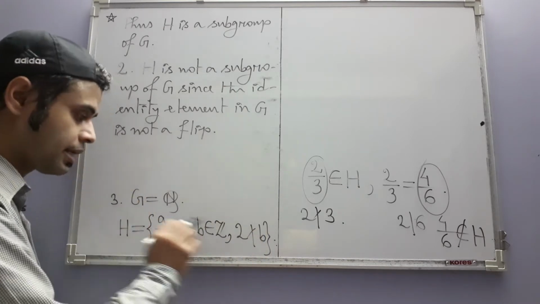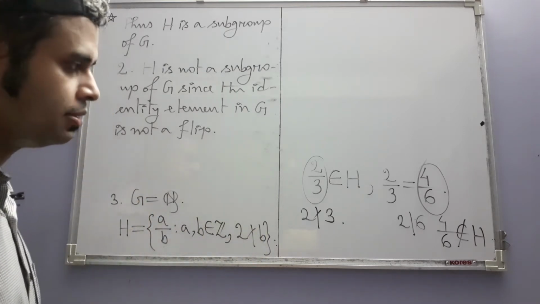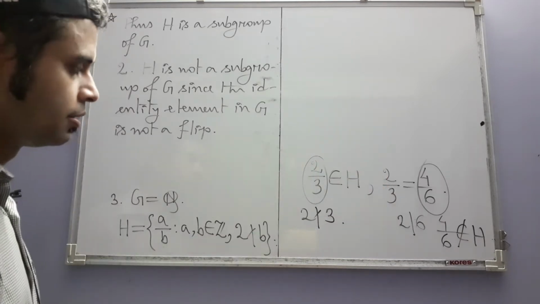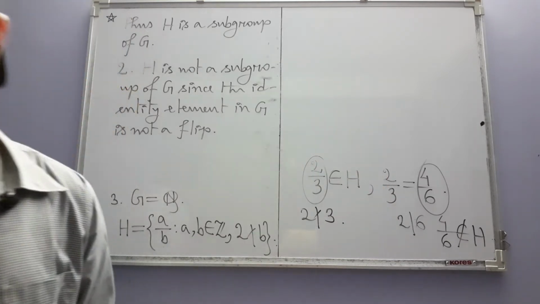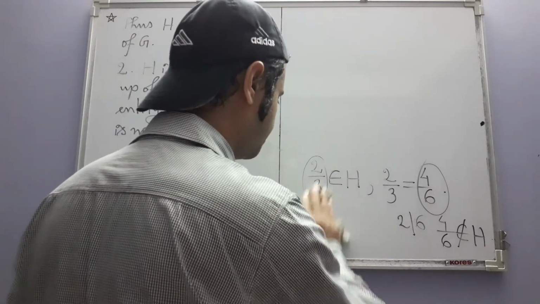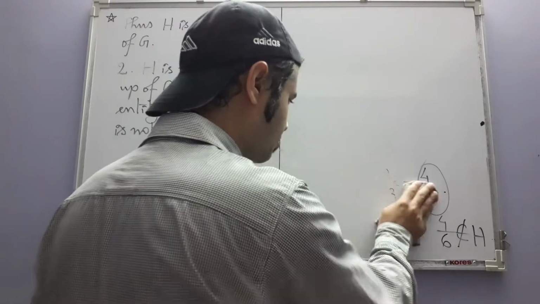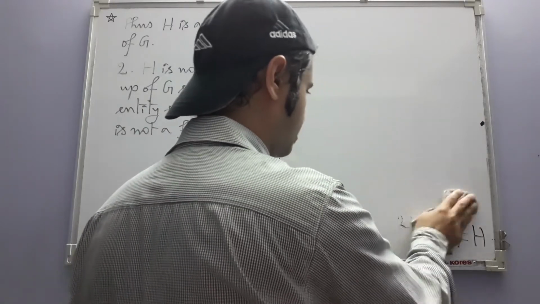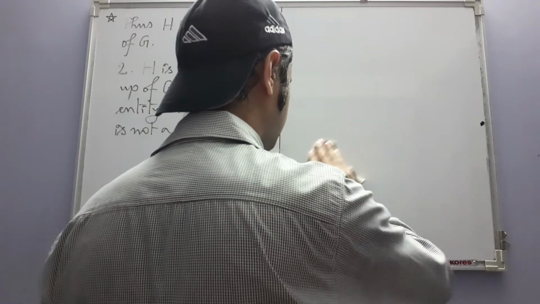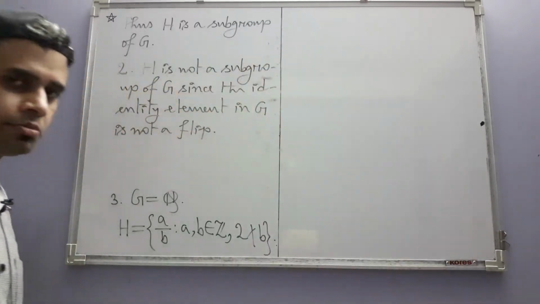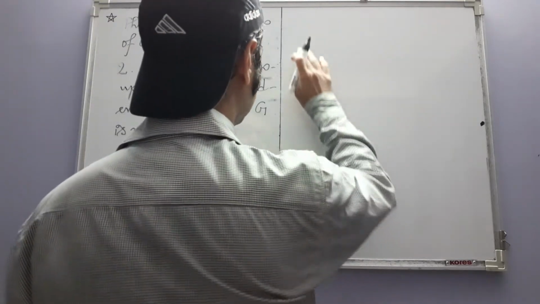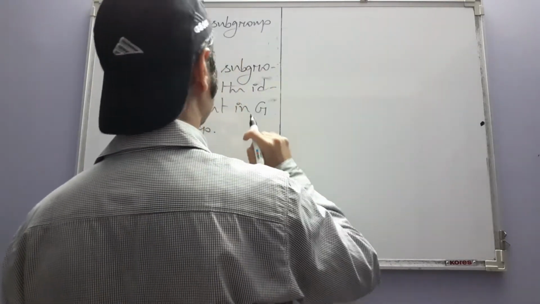These conditions actually do not define H in a well-defined manner because of these things. So let us address this issue first. We need to redefine H so that it becomes well defined, and then we can see whether that slightly different H is a subgroup of this G or not. In fact, we make this issue a part of the solution.